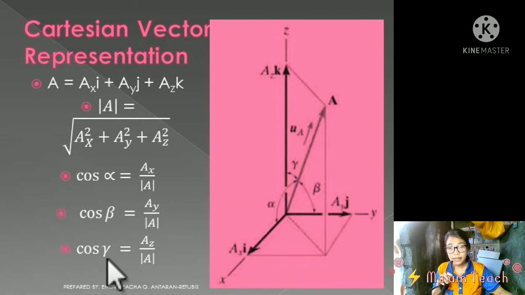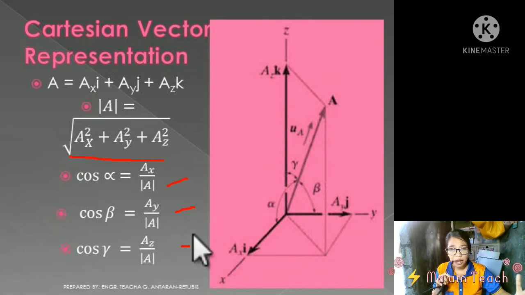So remember, class, if you are given a vector, let's say vector A, and you are asked for the magnitude, simply use the square root of the sum of the squares of the components. But for the direction, just use these three formulas.